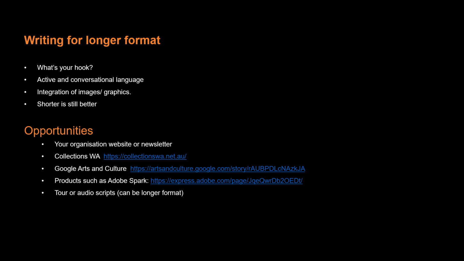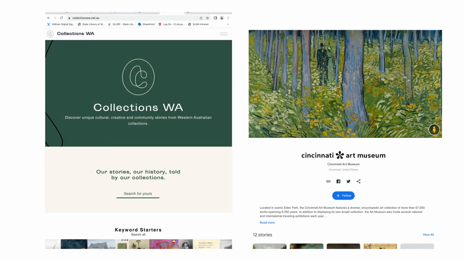You might, as an organisation, be able to sign up to Collections WA to help share your stories. There's Google Arts and Culture, which again is a sign-up system where museums, archives and galleries can sign up and produce content for that site. And there are also products such as Adobe Spark.